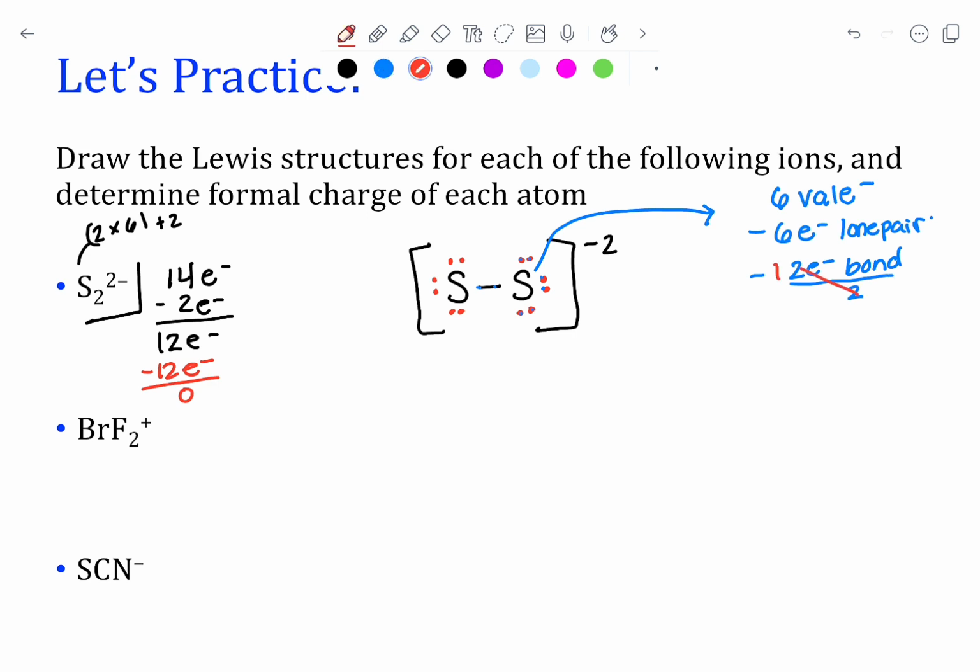That simplifies to 1. So 6 minus 6 minus 1 is a -1 charge for each of these sulfurs. If we add up those 2 charges, -1 and -1, we get -2. Okay, let's move on to our next one.